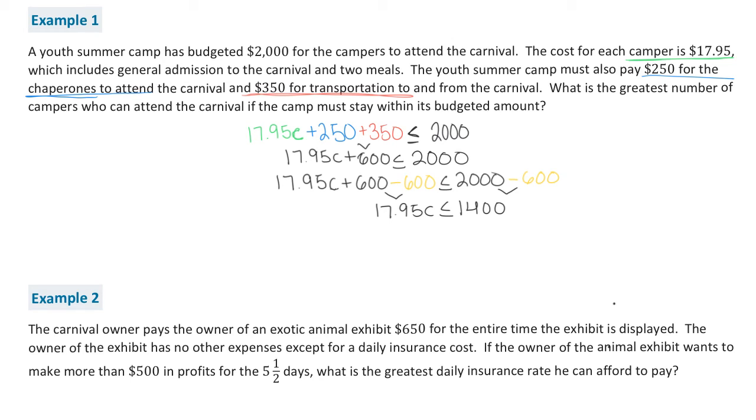Now on the left side of my inequality, I still need to get C by itself. Because C is being multiplied by 17.95, I need to think of the multiplicative inverse. What is the multiplicative inverse of 17.95? Well, that is 1 over 17.95. And remember, what I do to one side, I have to do to the other.